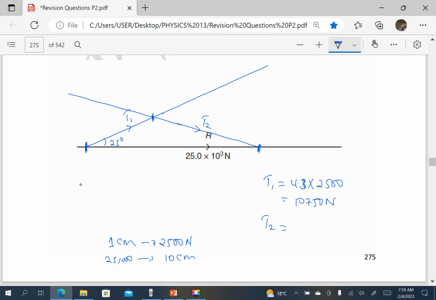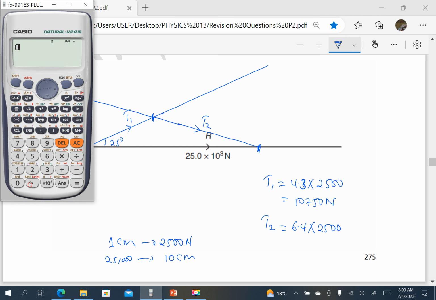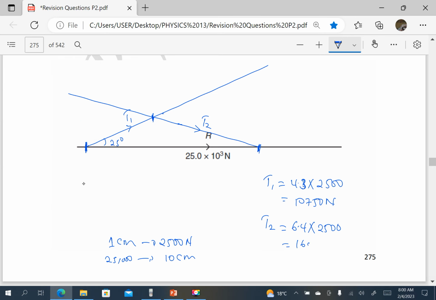So T2 is 6.4 centimeters times the scale, which is 2,500. 6.4 times 2,500 is 16,000 newtons.